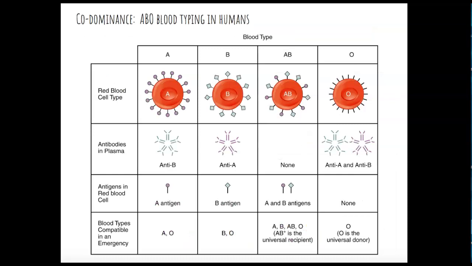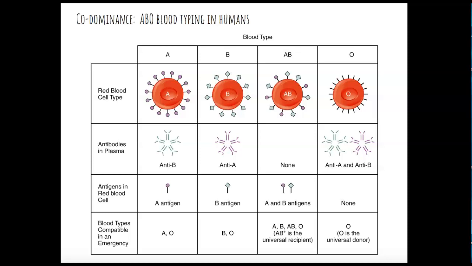So this codominance in blood typing is important for individuals who need a blood transfusion or women who are pregnant, because if you try to mix B blood into A blood, you're going to end up having a reaction in that person's blood vessels where the blood will clot around those foreign antigens, which are the B antigens.